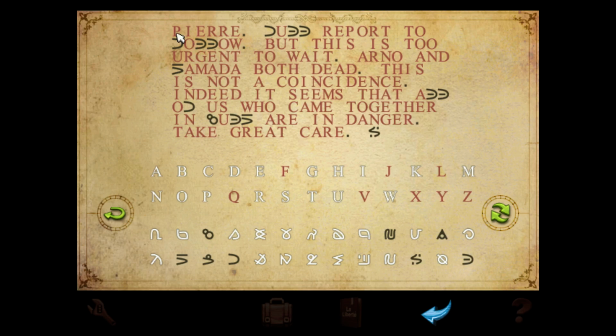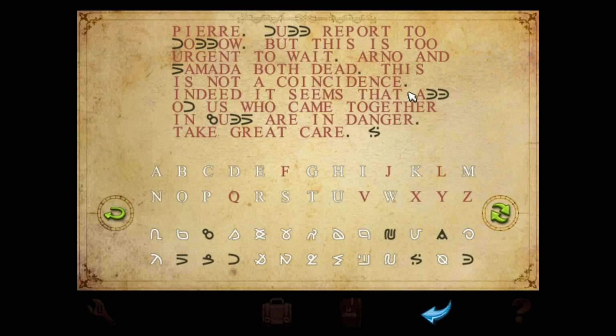So Perry, I bet somebody reports to us tomorrow. I almost think this is morrow, but then the R would be wrong, but this is too urgent to wait. Arno and somebody both dead. This is not a coincidence.